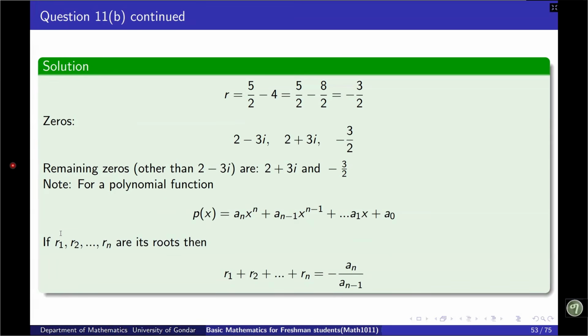Sorry, it is not a_n, rather it must be a_(n minus 1). N minus 1 over n.